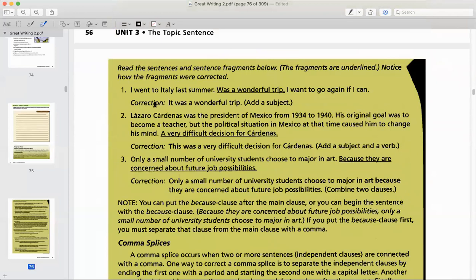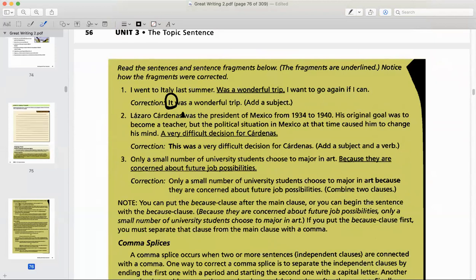And so here we have two examples. So number one, I went to Italy last summer. Was a wonderful trip. I want to go again if I can. And so here, was a wonderful trip. We're missing a subject. What was a wonderful trip? And in Korean, you don't use this so much, but in English, this word it is very often a subject.